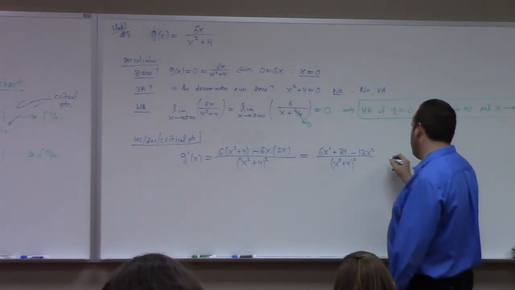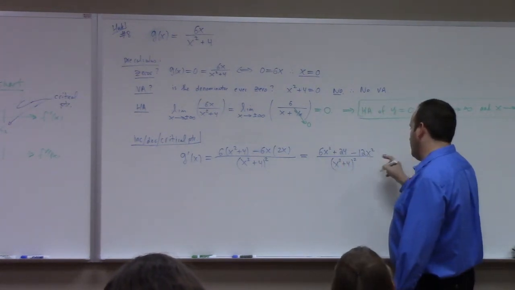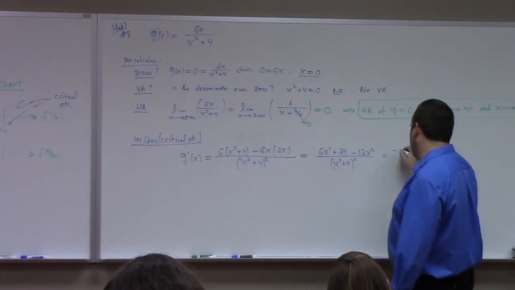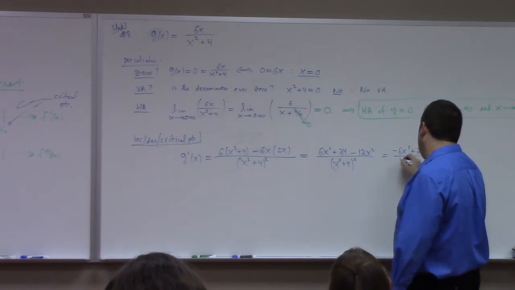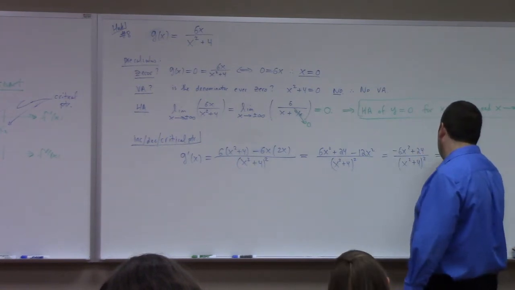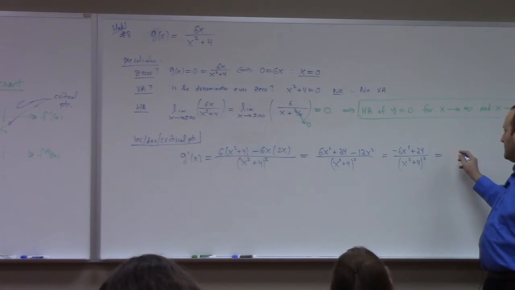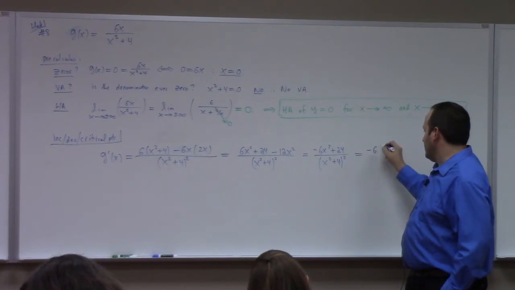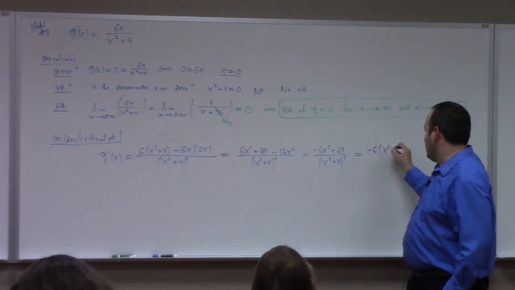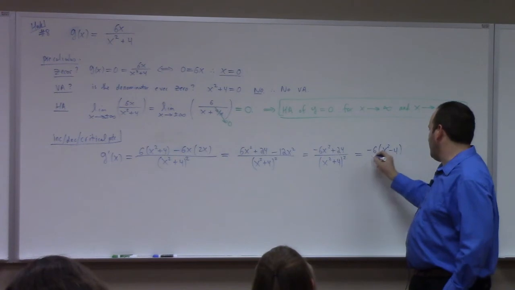So what happens here? I got a minus 6x squared, plus 24, and you're like, I can factor out a 6. I totally agree. I'm just going to write down all the steps because otherwise I'll lose people. Can I factor out a minus 6? Would that be okay? Minus 6 times x squared minus 4, right?